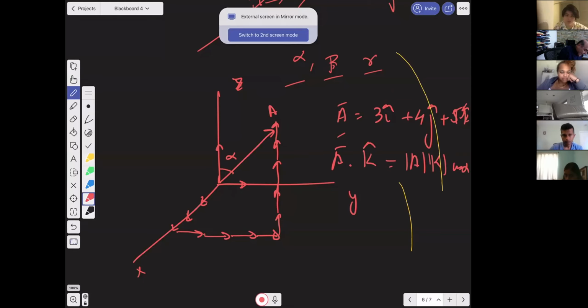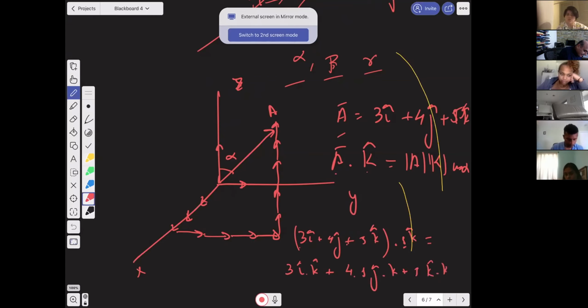So what is A dot k? It's 3i plus 4j plus 5k dotted with k: 3 times i dot k, plus 4 times j dot k, plus 5 times k dot k.